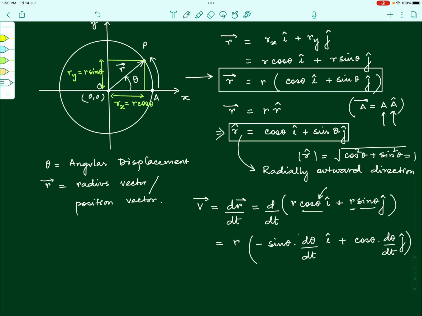And now what is this quantity here, d theta by dt? Do you see that d theta by dt, as the expression itself says, is the rate at which the angle theta changes. Theta we have defined as the angular displacement. So the rate at which the angular displacement changes with time, d theta by dt, we call it omega, the angular velocity.